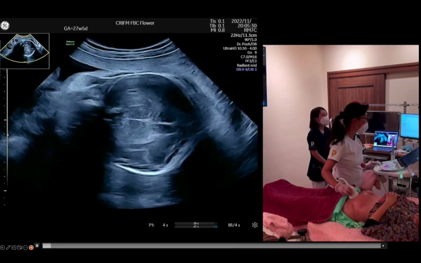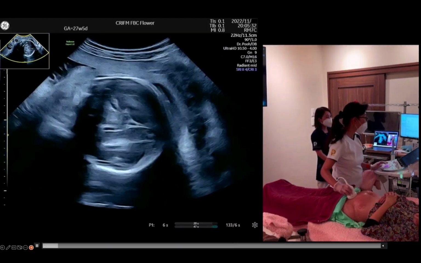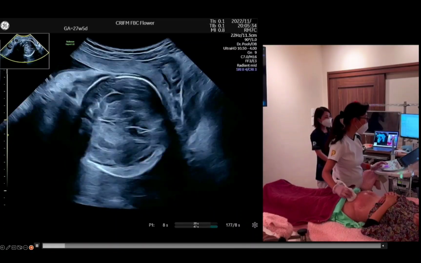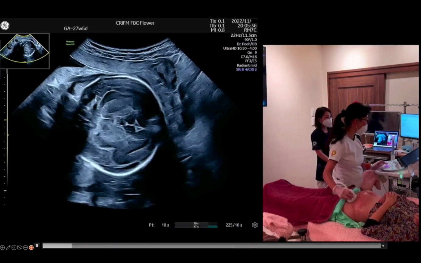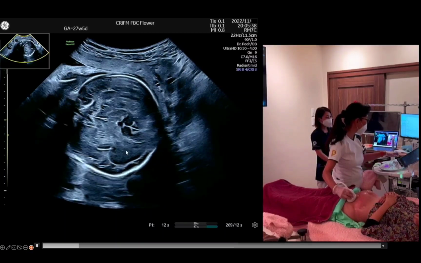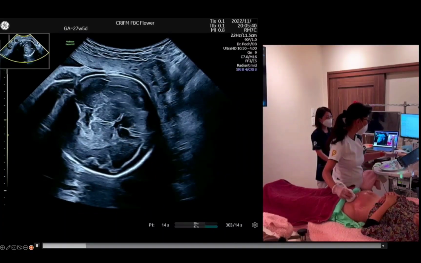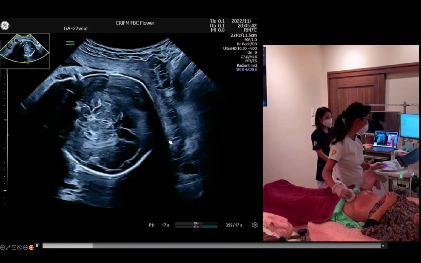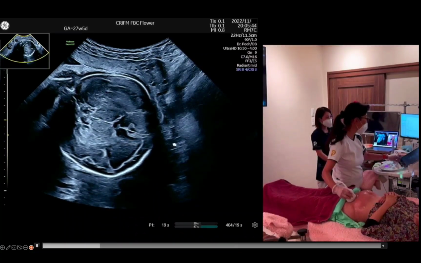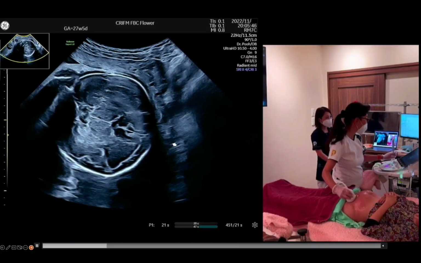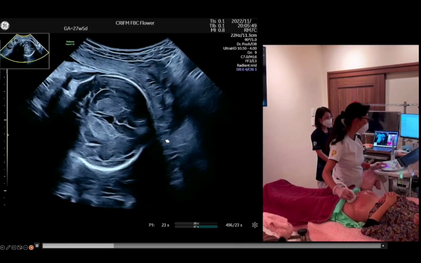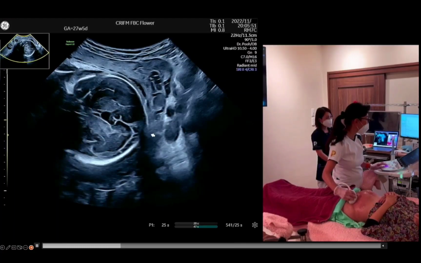Finally, if transabdominal ultrasound is the only option, or if there are conditions that preclude transvaginal ultrasound, such as breech or transverse fetus or myoma, try to perform the transabdominal neuroimaging via the anterior fontanelle.